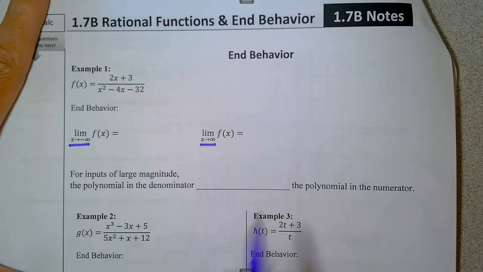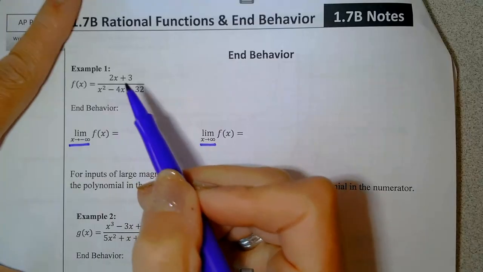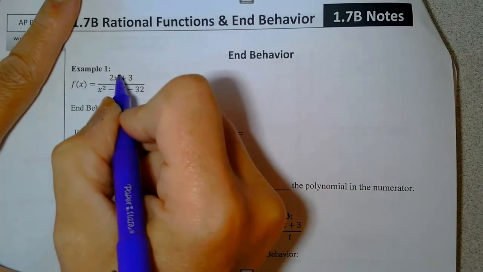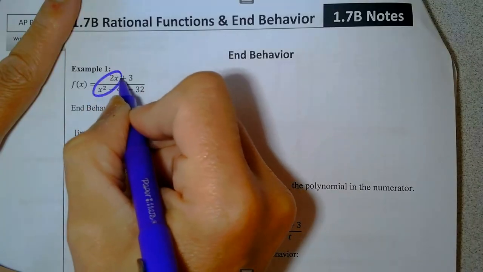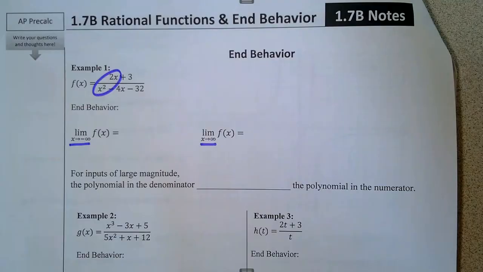So to determine the end behavior, I am going to focus on just the leading term of each polynomial, because if you remember from the beginning of the chapter, that kind of tells you everything, doesn't it?